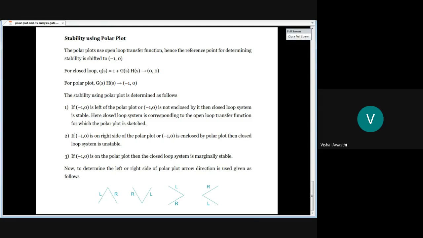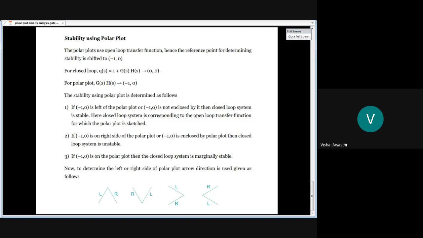But in this case, you are having polar plot, which is having GSHS, which is nothing but an open loop transfer function. So when you convert this closed loop equation or characteristic equation, your GSHS becomes -1. So the coordinate now changed from 0, 0 to -1, 0.